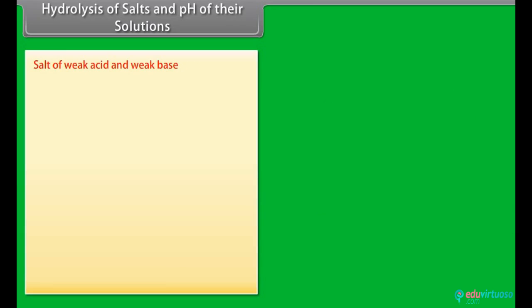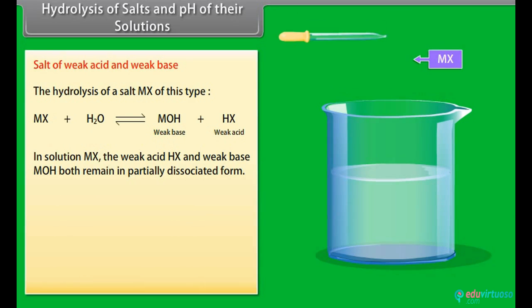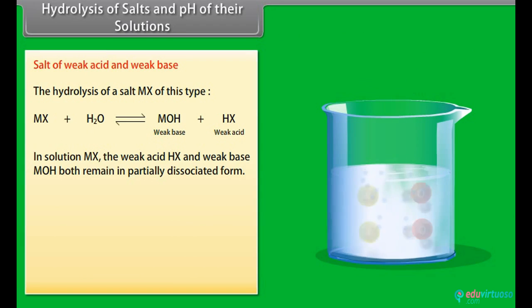Salt of weak acid and weak base. The hydrolysis of a salt MX of this type: in solution MX, the weak acid HX and weak base MOH both remain in partially dissociated form.